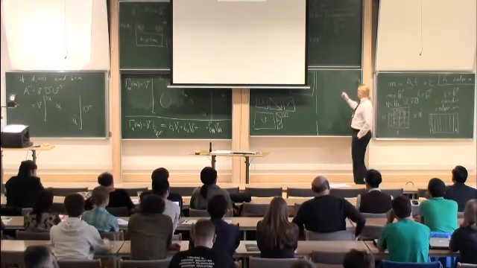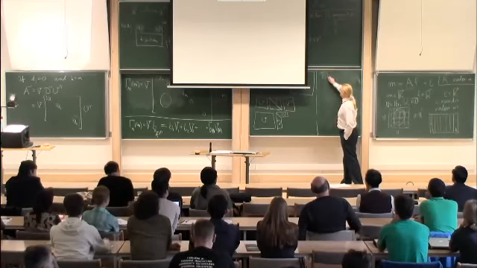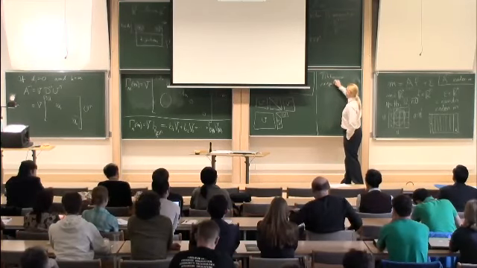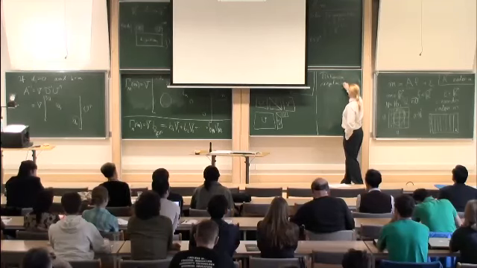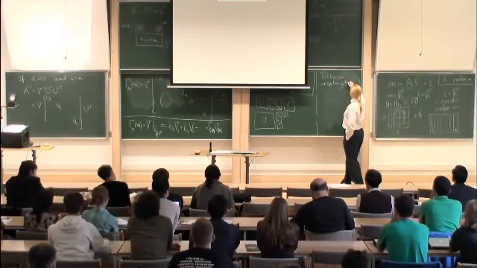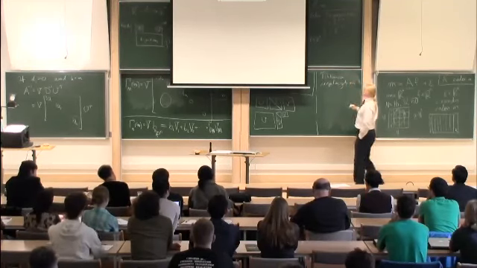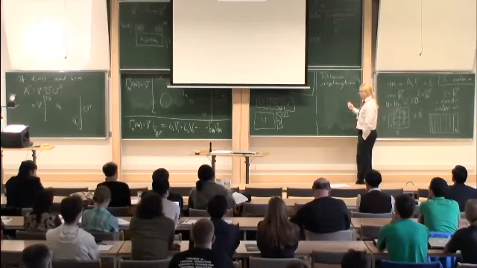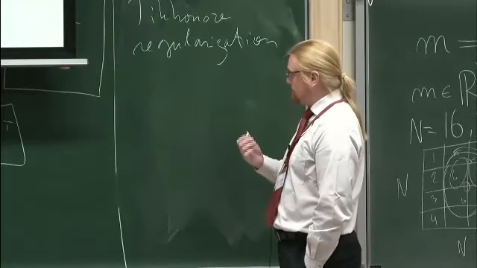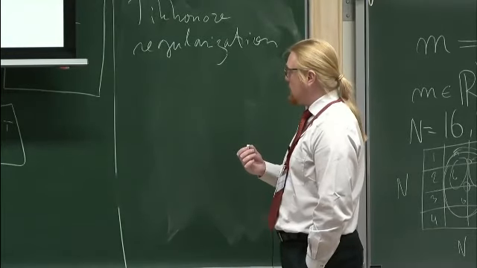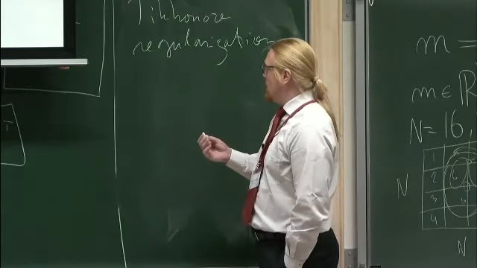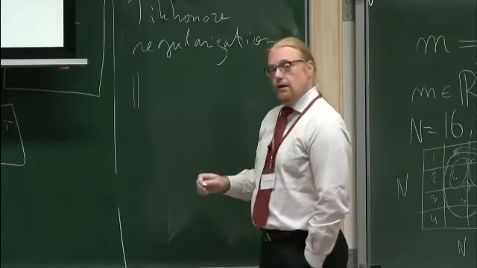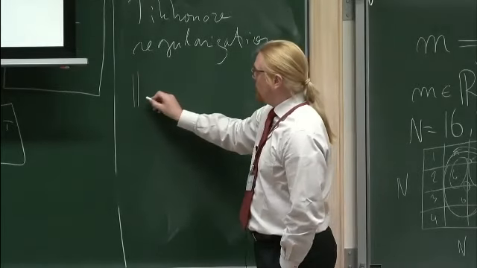But now we can follow the great master Tikhonov in defining another way of regularizing inverse problems. And here the idea is to minimize, find the vector that minimizes the following functional.